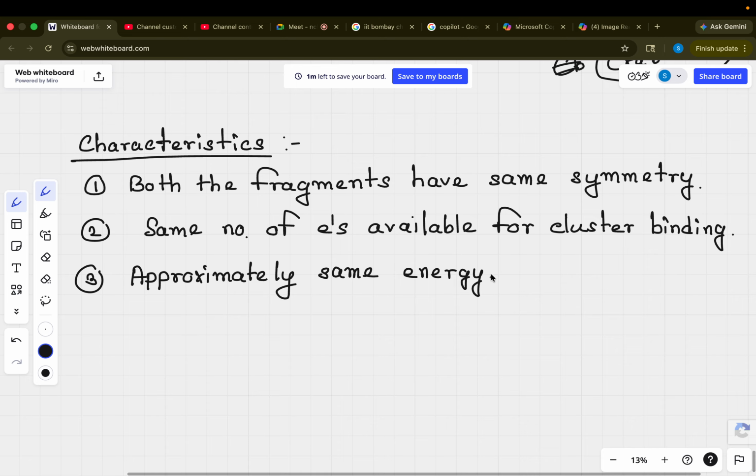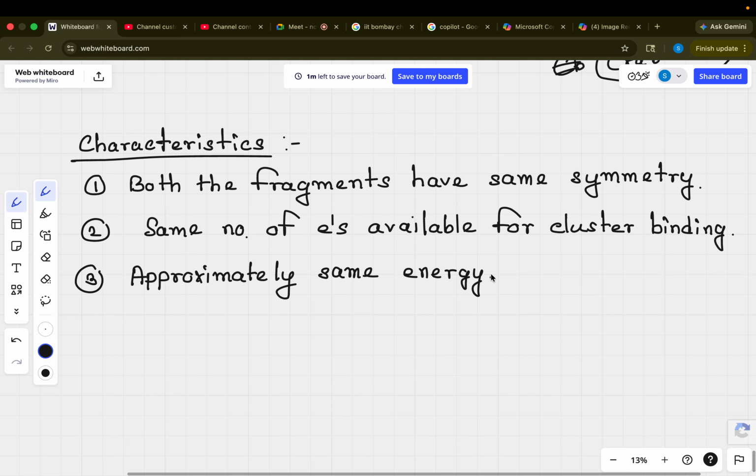Suppose you have an ethane compound. Now when you get CH3 dot and CH3 dot, those are the two fragments you are getting. Those two fragments should have the same symmetry, the same number of electrons, and their energy also should be the same. Then only can we say that they are isolobal to each other.